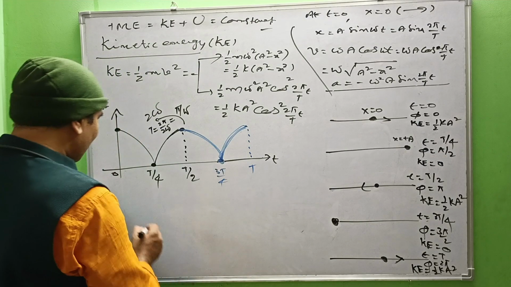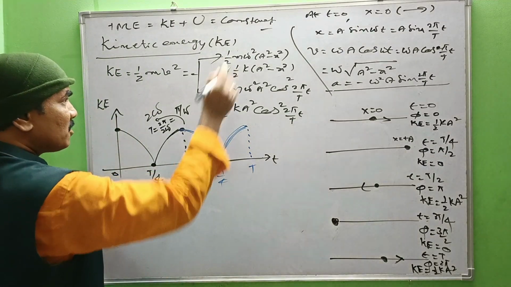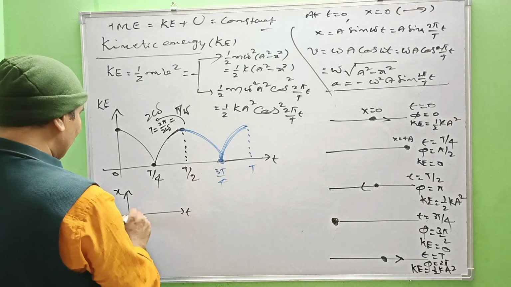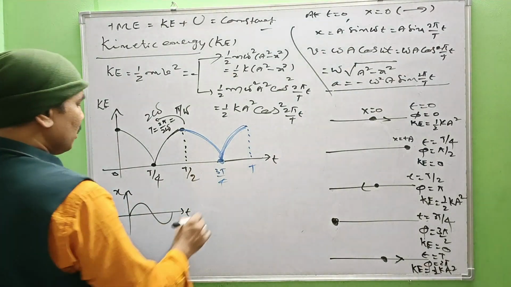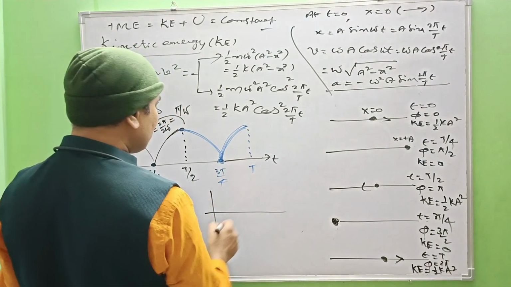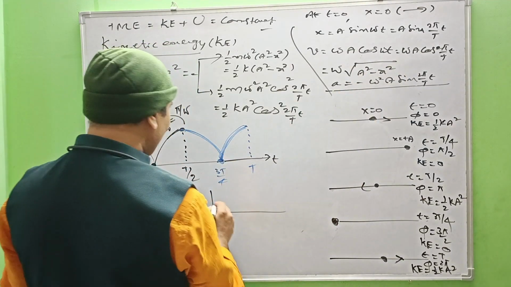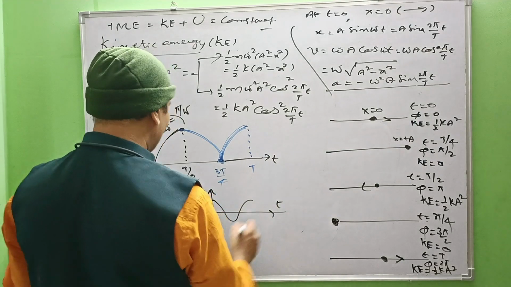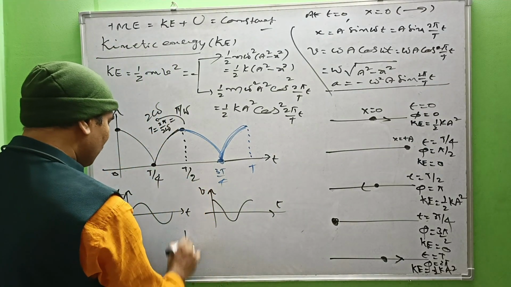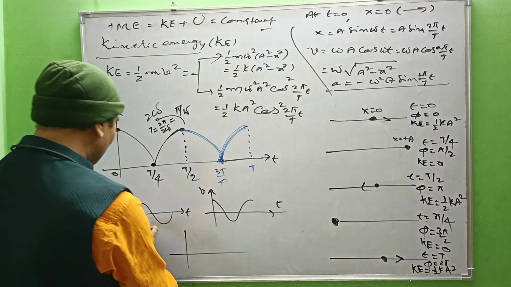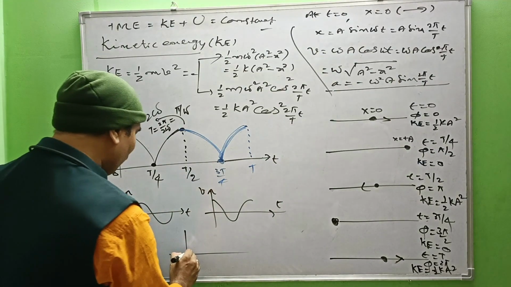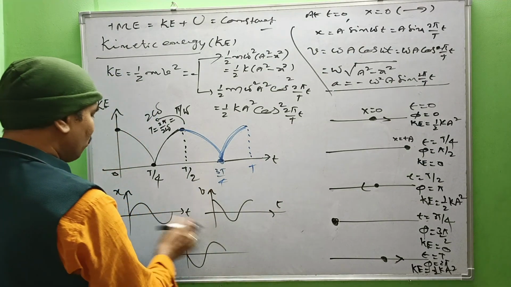See here, in the case of the first expression, x versus time, you see a sine function like this. In the case of velocity, a cosine function, which looks like this, velocity versus time. In the case of acceleration, simply invert the loops here, that is, crest goes into trough, trough goes into crest.